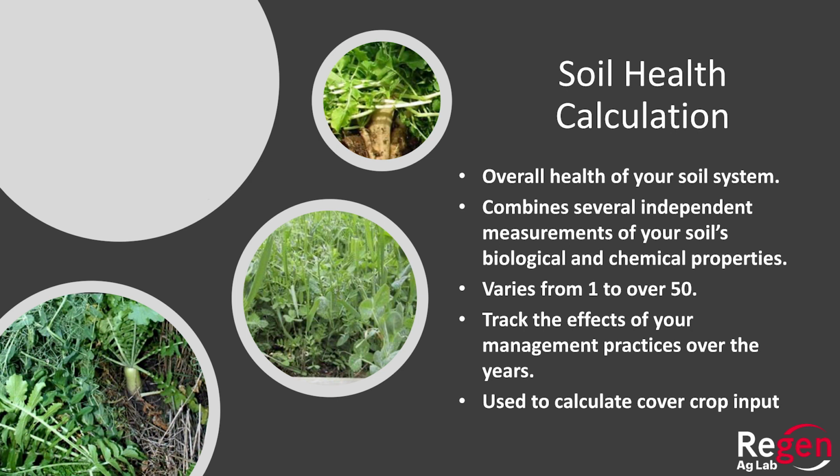We use this to help track effects of your management practices, obviously, and then we use it to help calculate a cover crop input. Now, the cover crop input is not even a recommendation. It's what we call a suggestion. What's the difference? I don't know. People like to think recommendations are held in, like, biblical, set in stone, this is what the lab's telling you to do. We're not telling you to do anything.